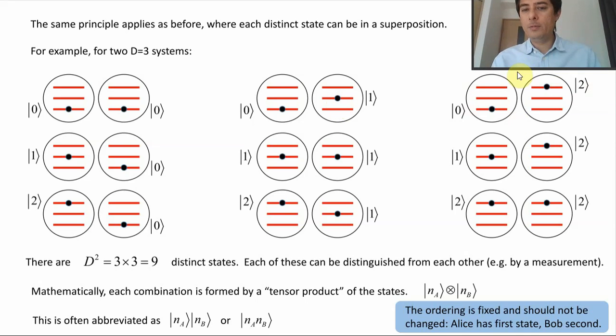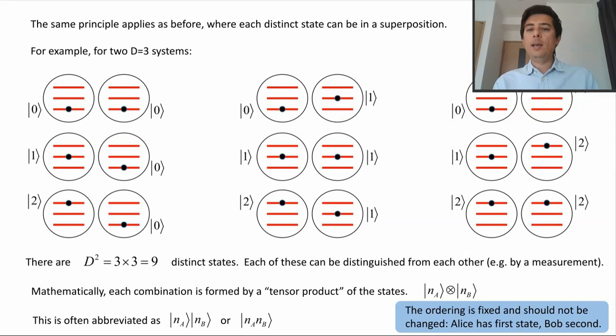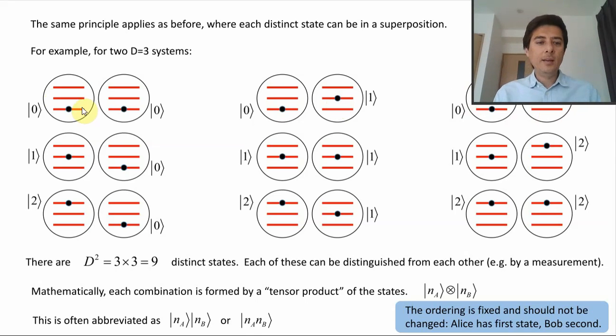For example, if we've got 3 levels, then Bob's state could also be in level 2, and that would be a different state. Of course, Alice's state could be different. It could be 1 0, 1 1, 1 2, 2 0, 2 1, 2 2.